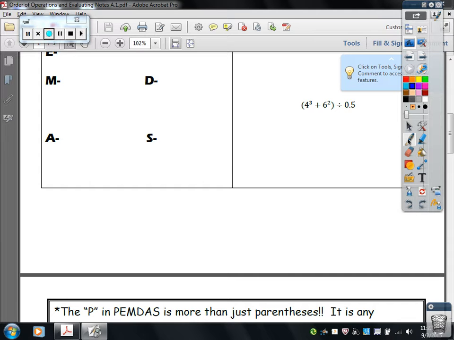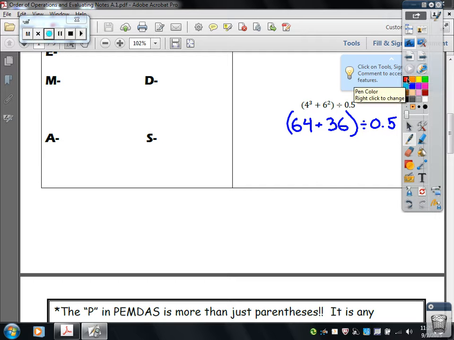Hang on. 4 raised to the third power. Hit enter. What do you got? 64. So 64. I'm still in parentheses. 64 plus. Now what's 6 squared? 36 divided by 0.5.